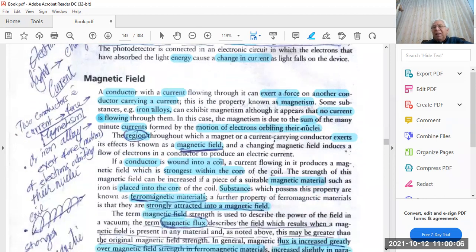A magnetic field is created when, suppose, we have a coil and we have a wire moving through this coil. If two coiled wires are attached to each other and each of them has an electrical current, they will repel each other.